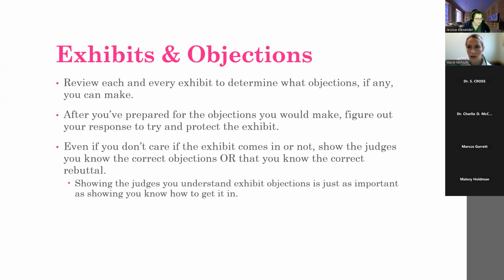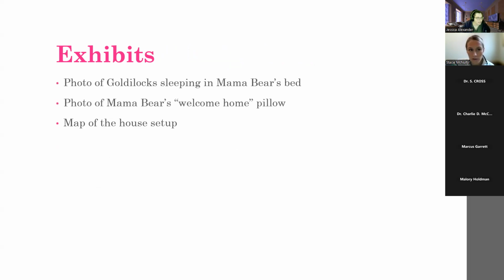Keep trying. So, to put this in context, when you say, I have what has been marked as Goldilocks Exhibit 1, I'm showing it to the witness. You're going to give a copy to opposing counsel. Now that they know that's Goldilocks Exhibit 1, they can flip to it, and they should be able to look at it in real time as well.